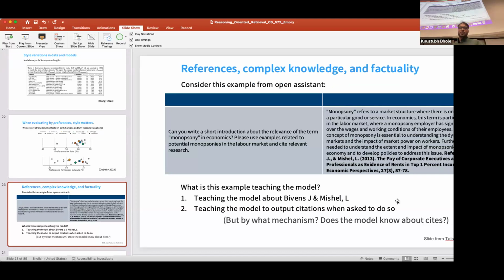Then there are other problems as well. For instance, there's this example from Open Assistant. Can you write a short introduction about the relevance of the term monopsony in economics? And there's a long answer, and at the end of the answer, there's also a reference. When we give models such question-response pairs, and this is quite a complex question, even in terms of the depth of knowledge required as well as the way the answer has been written, when we try to teach such a model to learn such an answer, we are also implicitly teaching it to generate a reference in the end.